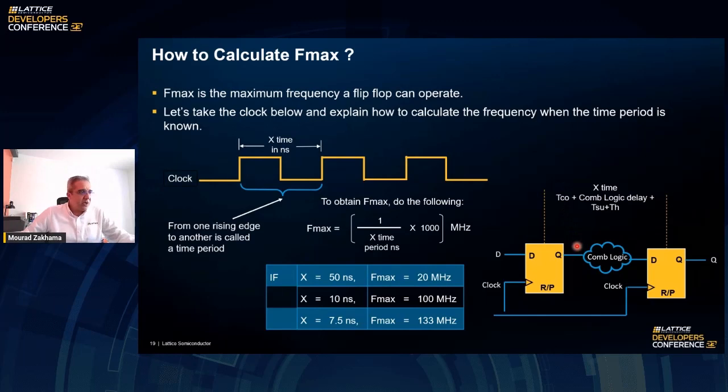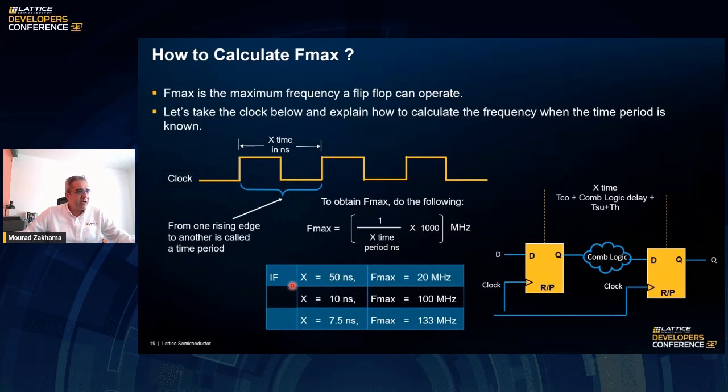In order to calculate the Fmax for this design, the tool will actually calculate all these timings and give you the Fmax, the maximum frequency that you can run at. But the basic formula is Fmax equals 1 over the X time that we calculated, multiplied by 1000, in megahertz.